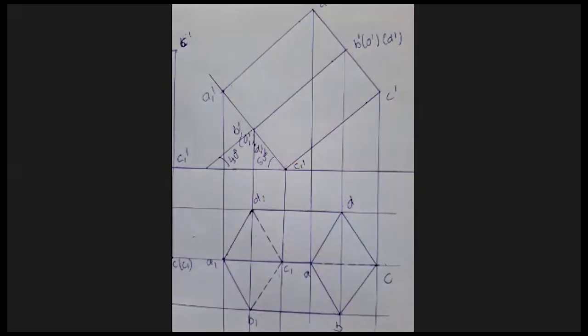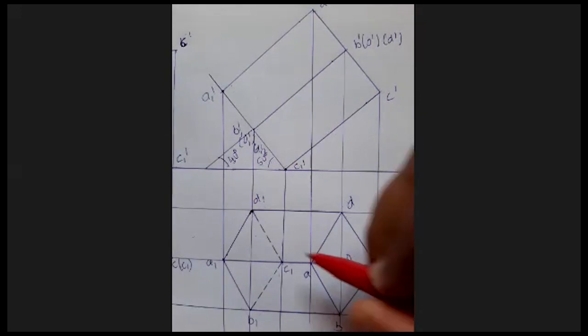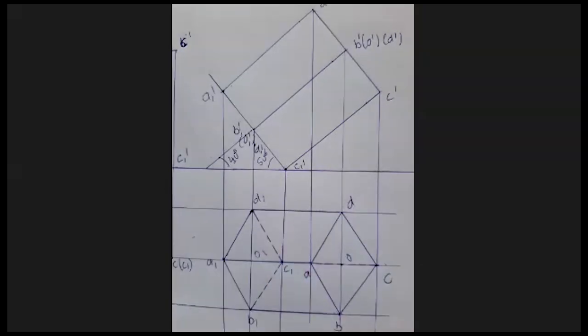Then I have an axis inclination here. In this case, this point is O and this point is O1. Now this axis, whatever I have got, is making an angle of 30 degrees to VP.